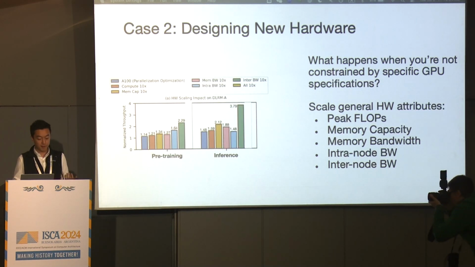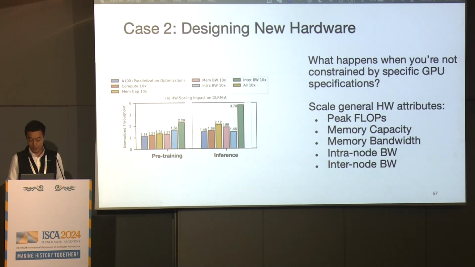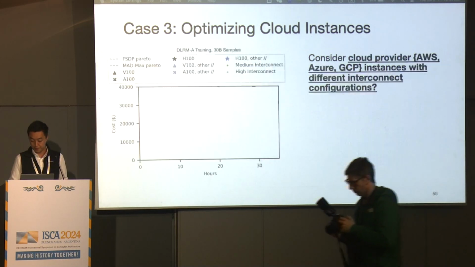Likewise, we can see for different things as well, such as for memory bandwidth and interconnect bandwidth. So in this case, we see that for this recommendation model, training and inference, interconnect bandwidth is crucial since this workload is communication dominated. And also, we can play with different ratios and see, if all of these scaling things come together, what is the improvement?